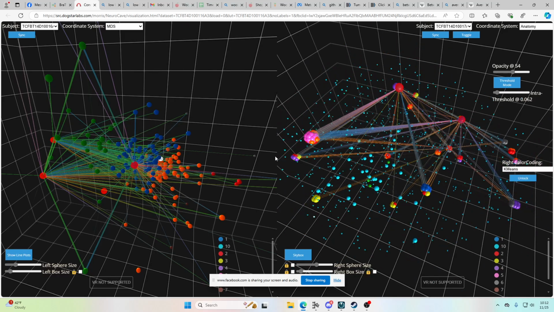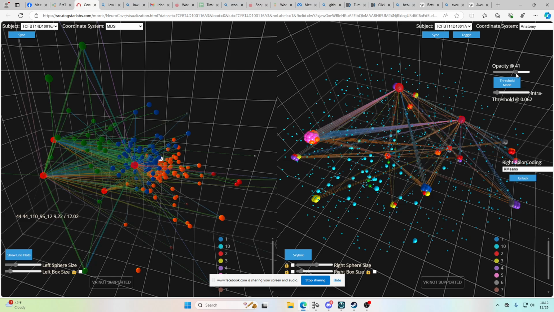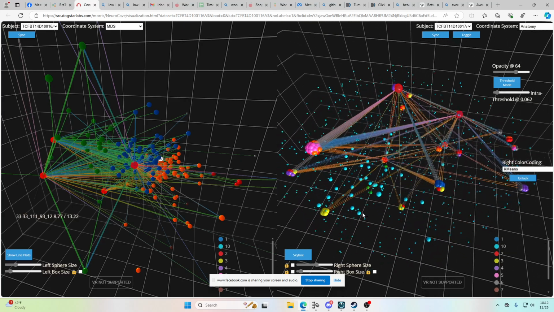So you can see which nodes are involved in which ways and how they proliferate throughout the brain's metastatic process.